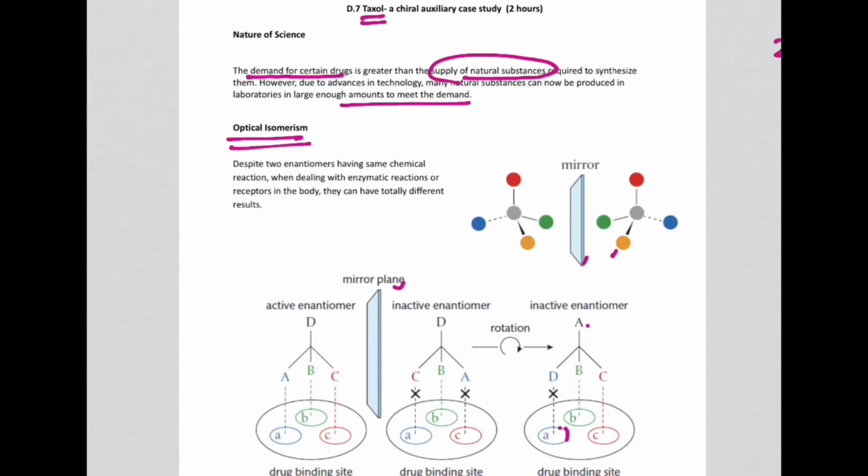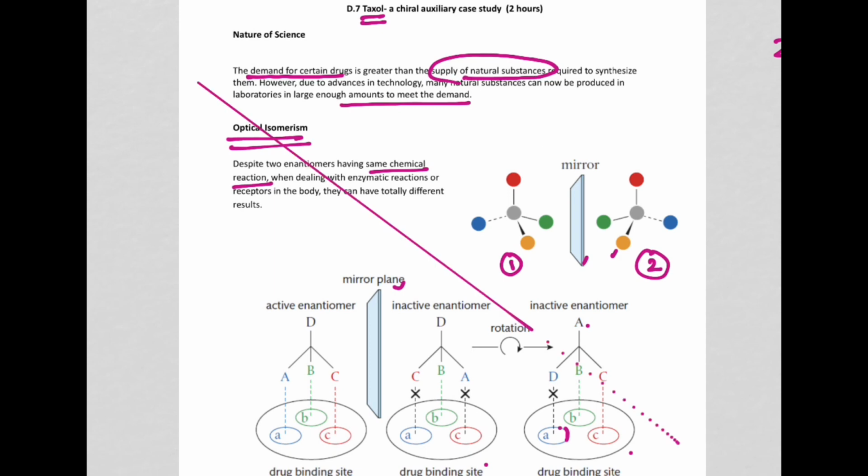So if you remember when we did optical isomerism in topic 20.3, we said that even if we have two enantiomers that have the same chemical reaction, our body can react differently to different enantiomers. When I mention enantiomer, this is one enantiomer, this is a second enantiomer.